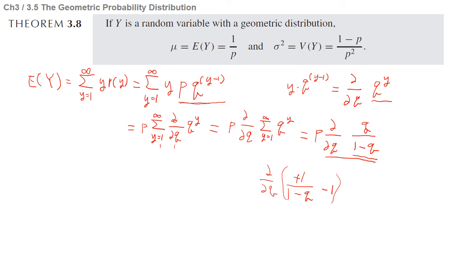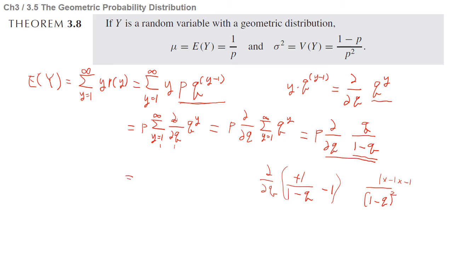The derivative of the constant is 0, and the derivative of 1 over 1 minus q is 1 over 1 minus q squared, since the derivative of 1 minus q is minus 1, times minus 1 gives plus.